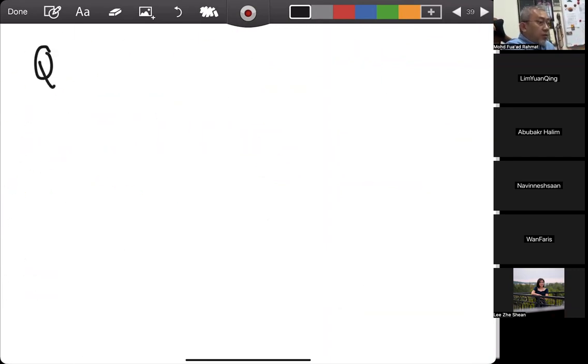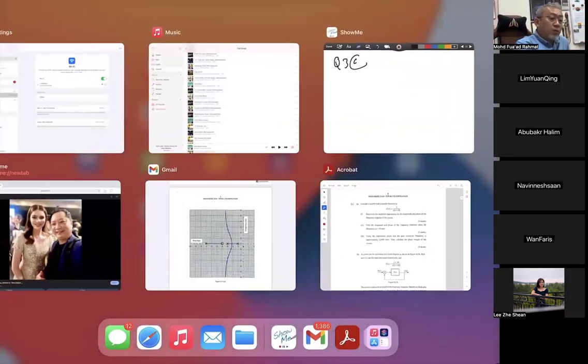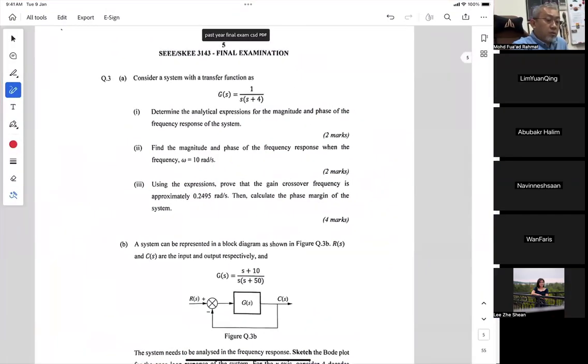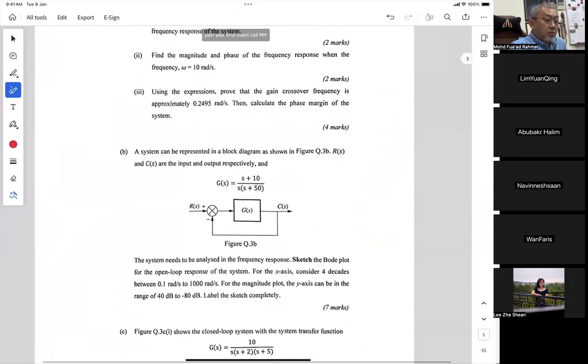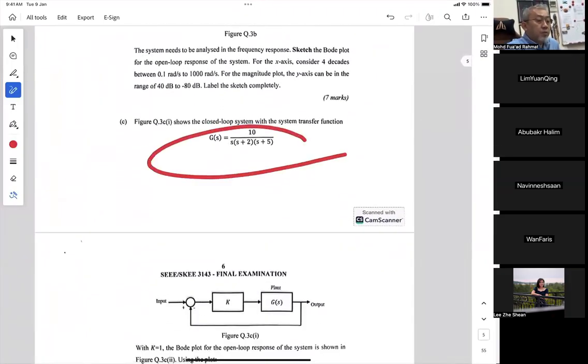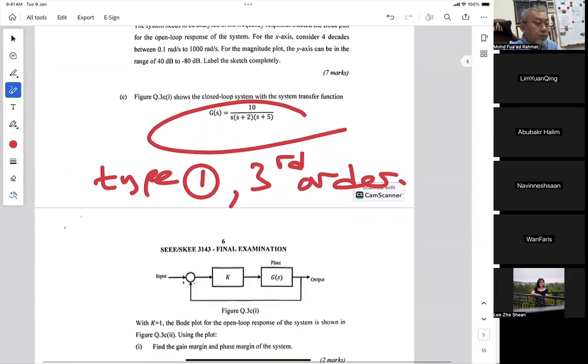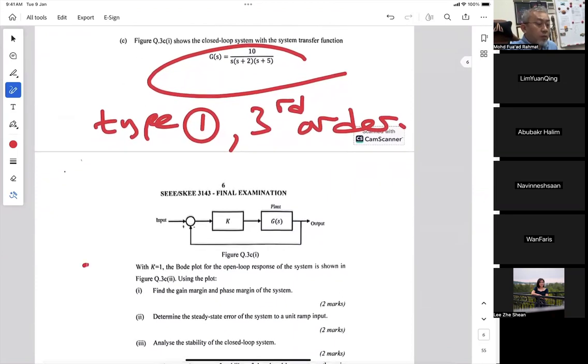Question 3C is where you are given the plot. Here, type 1, third order, with K equal to 1.